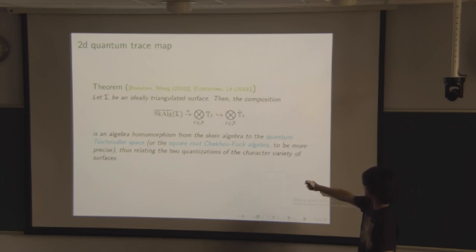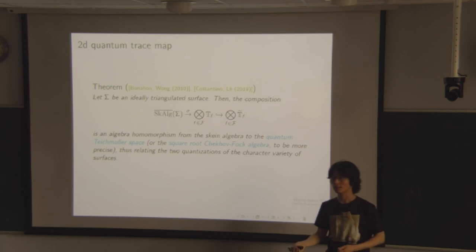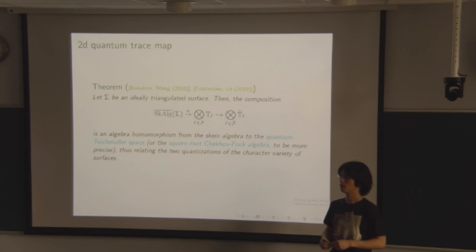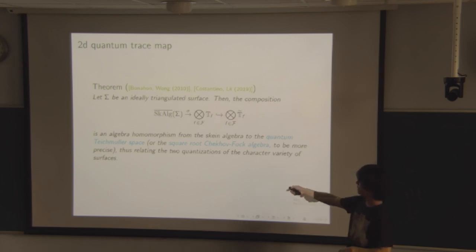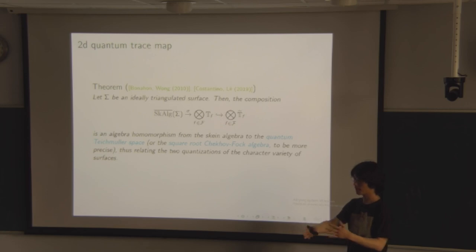I don't think I'll have time to tell you in detail what the quantum Teichmüller space is, but very roughly, in Teichmüller space, there are coordinates called shear coordinates associated to each edge of an ideal triangulation of the surface. And the quantum Teichmüller space is basically a quantum torus, quantizing those coordinates to q-commuting variables. And the image of this map is that.